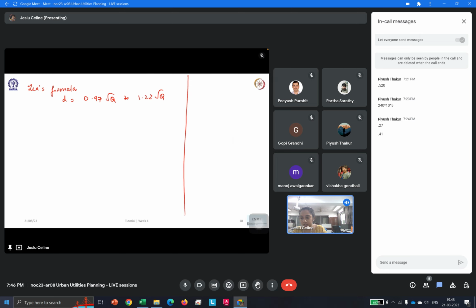We do not know Q, so let's find Q. It's already given, we just need to convert it into meter cube per second. So Q is equal to 5 lakh liters per hour. Can we do that small conversion, liters per hour into meter cube per second?